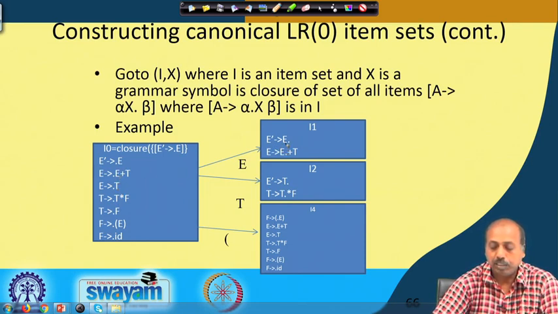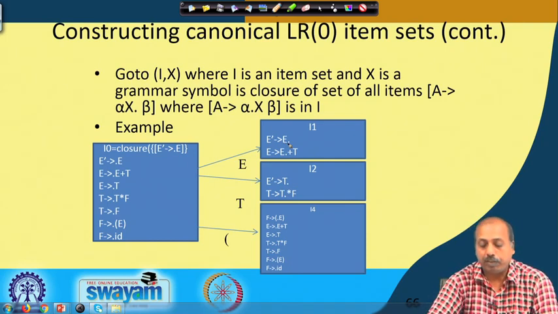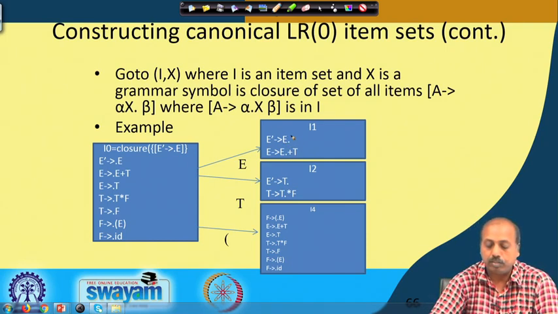Now, in the set I1, you see after the dot there is no non terminal. So, naturally nothing will be added even if I take the closure of I1. So, I1 remains this set only.